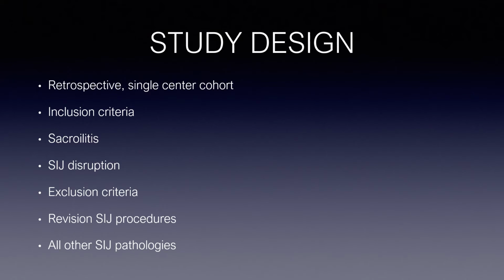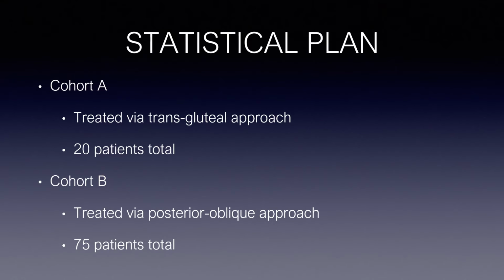In our study, a retrospective single cohort study, inclusion criteria were sacroiliitis and SI joint disruption; exclusion criteria were revision of sacroiliac joint procedure and all other sacroiliac pathology. Cohort A, cohort B, the number of the patients.